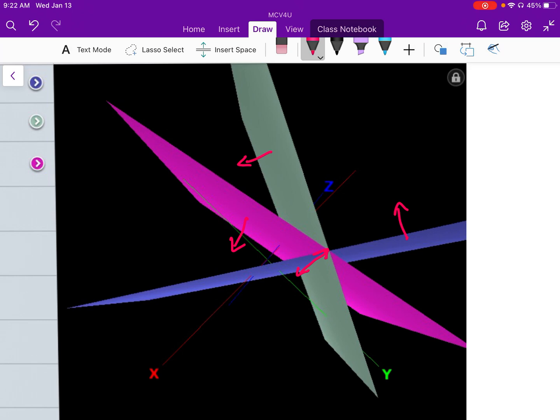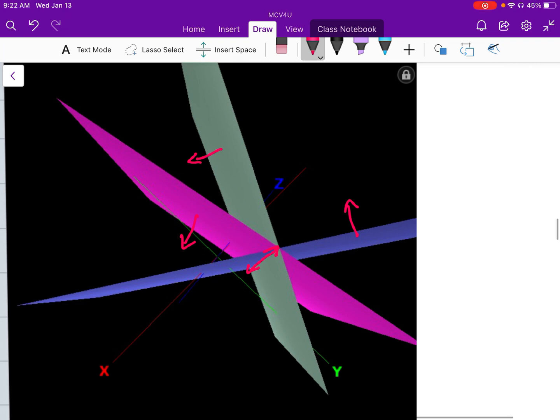Here's the condition. The difference between example 3 that we just did and this case 4 is that if the normal vectors can be written as a linear combination, so can the planes, in the exact same linear combination.